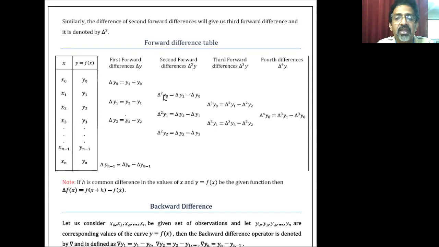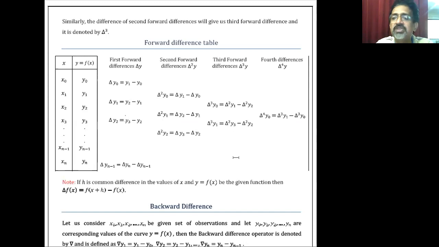So like this, I can then write del y1 minus del y0. That gives me the second order forward difference. That I write in between del y0 and del y1 value. Then in between del y1 and del y2 value, I write del squared of y1. So like this, I go up to nth order difference.